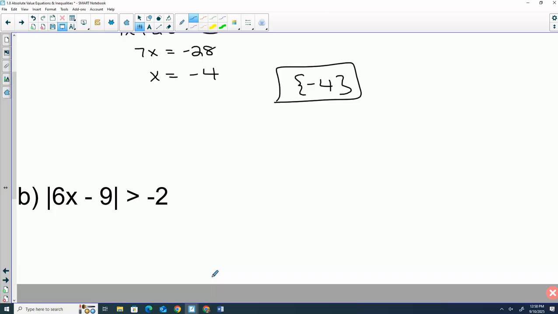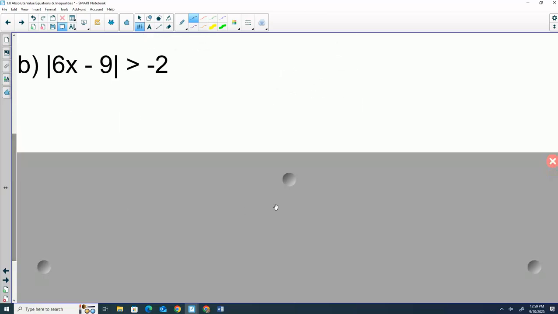What if I said the absolute value of 6x minus 9 is greater than -2? What's different about this problem?